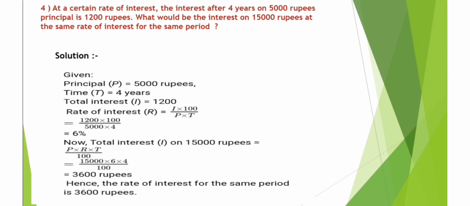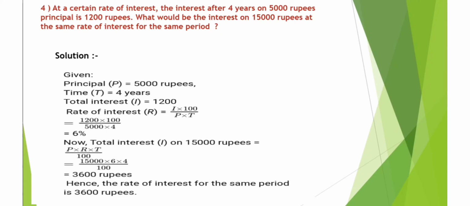Now here the principal given is 5,000 rupees, time is 4 years, and total interest, that is simple interest, is 1,200 rupees. Now here we have to calculate R, that is rate of interest.